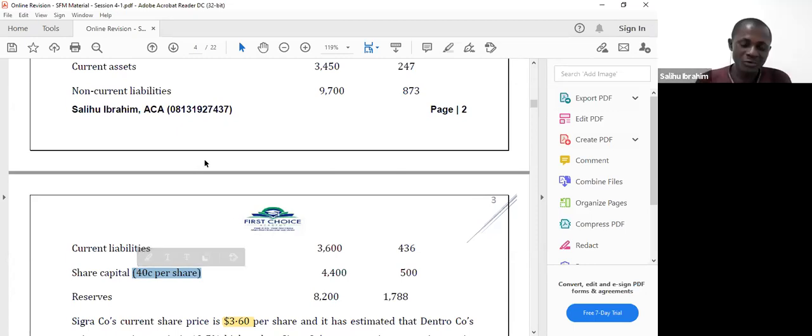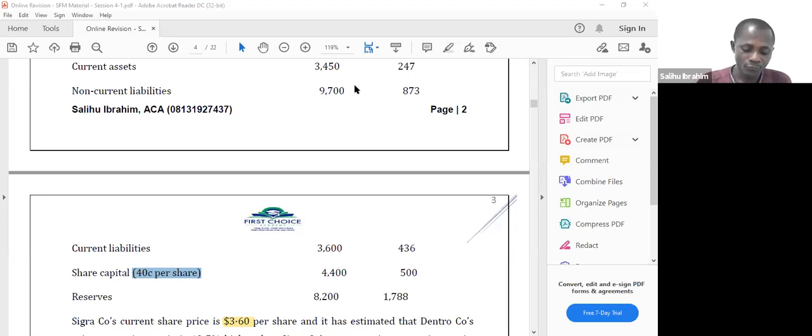You can see that I make sure I'm with my calculator, so I expect you to be with your calculator too, so that we can do this together. That is how you can learn it. Even though I've solved it, I still use my calculator to confirm those figures. So make sure as I'm doing it, you're also doing it along so that you can get a better understanding of it.